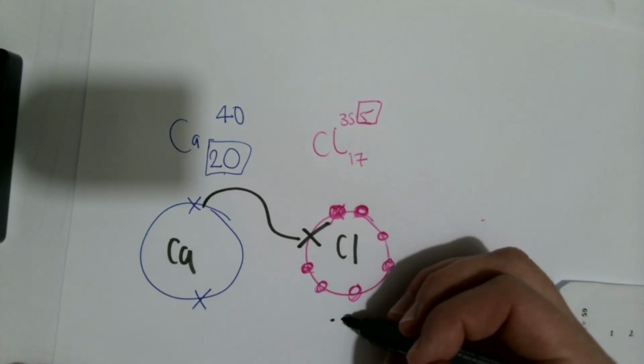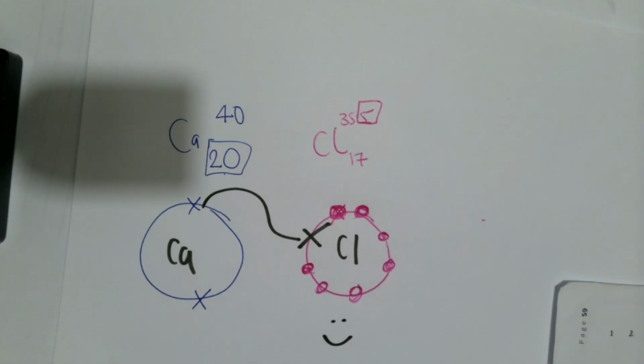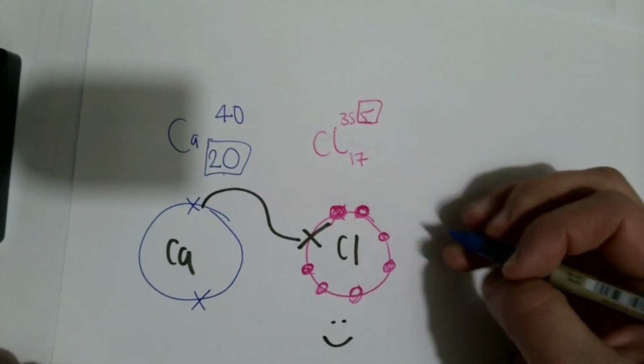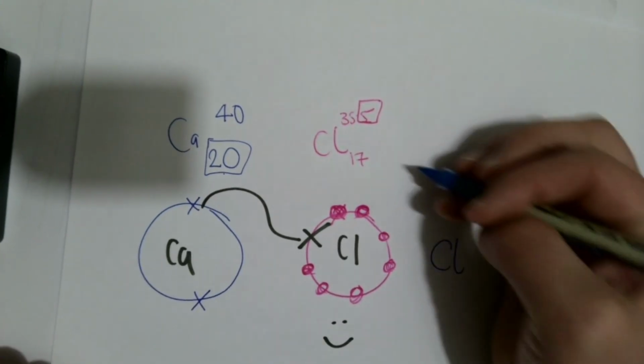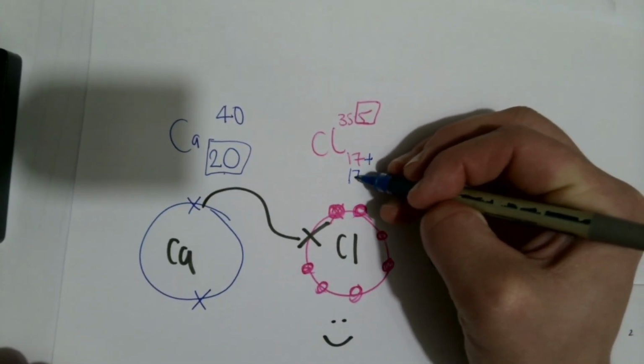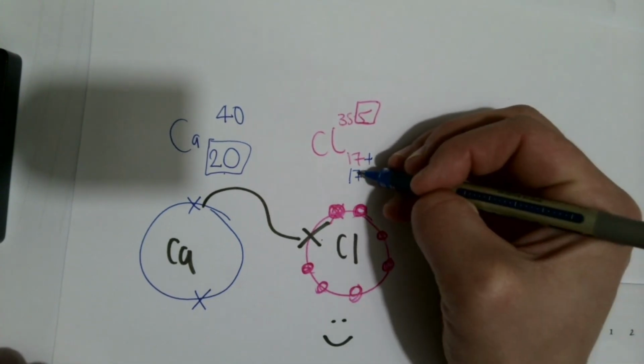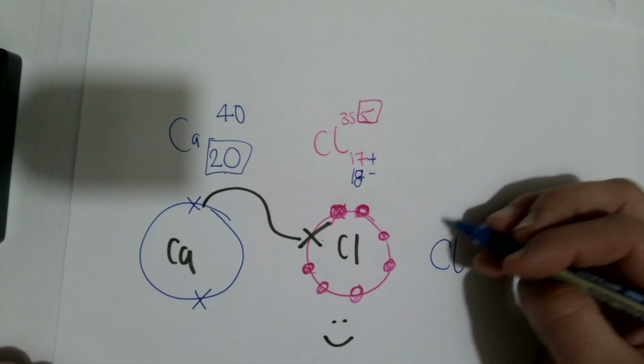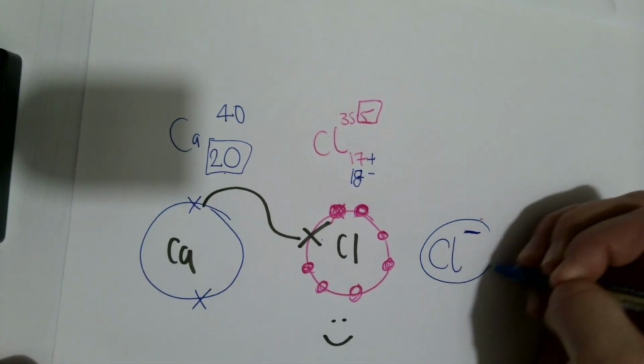And so what happens now? Chlorine is somewhat happy because it has a full outer shell. So chlorine gained an electron. It had 17 protons, it had 17 electrons. It's now gained 1, so that now becomes 18. So overall, it has a negative charge.